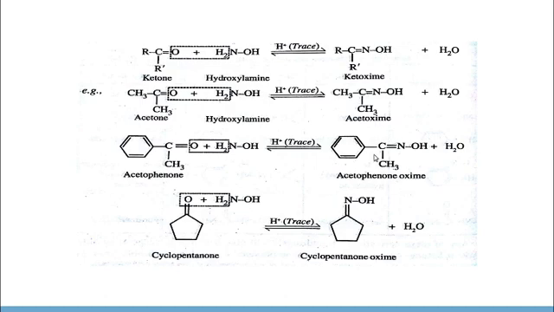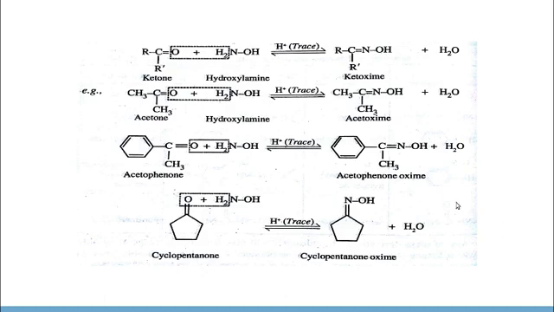That means here the condensation occurs and the product is acetophenone oxime with the elimination of a water molecule. Then cyclopentanone on treating with hydroxylamine we will get cyclopentanone oxime. The C double bond N structure is there in the oxime formula.